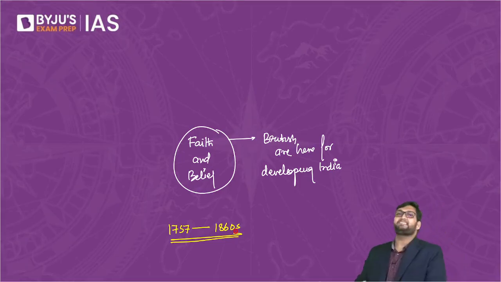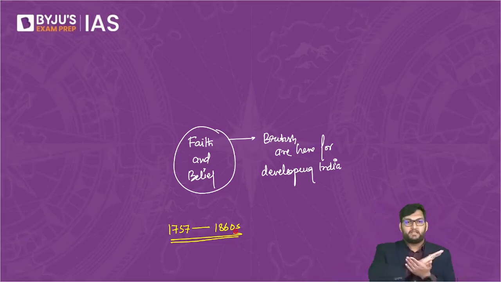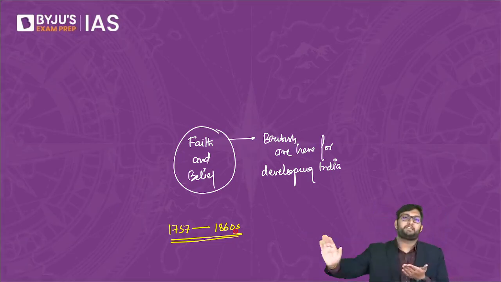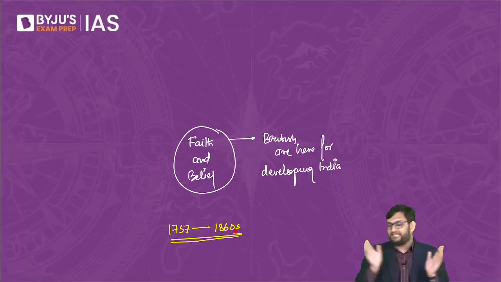Now, why is this argument so important? Because in one go, the moral and economic justification was gone. The British say we are here to develop. Dadabhai Naoroji says, no, you're not.